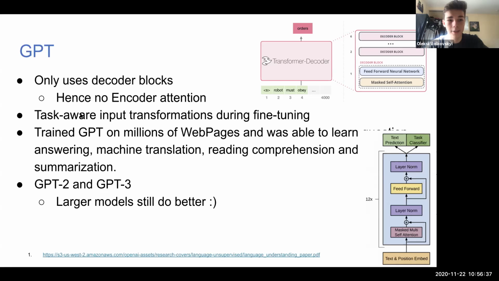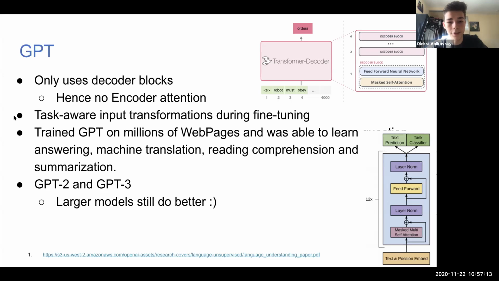And so a really big part of the progress they made is something called a task-aware input transformation during fine-tuning, which I'm not gonna go over and teach, but that's sort of how they were able to get super good results on the different tasks after learning the general English language. They're able to adapt the model for all the different tasks really well.